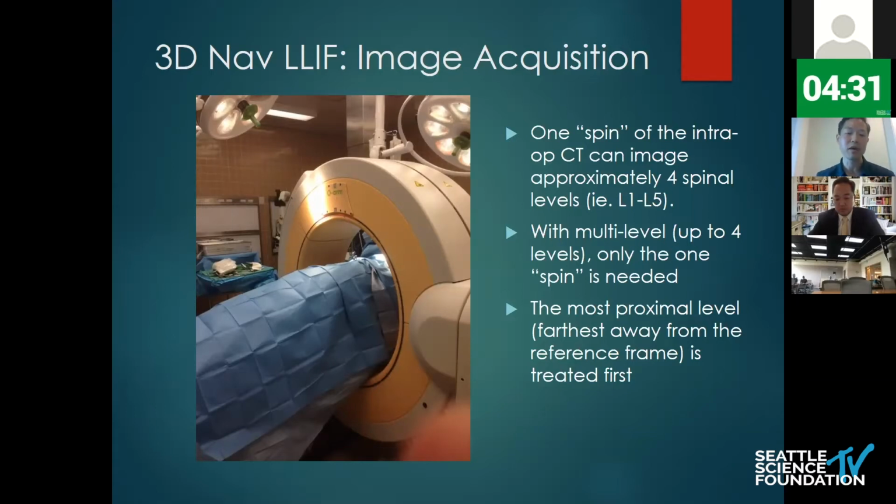So if you're doing L1 to L5, start at L1-2, then progress more proximally to the frame. And you're going to see that there is some degree of error, maybe a couple of millimeters or so, but that's okay. You're not putting a screw in a small pedicle. You're actually putting a retractor over a fairly sizable disc.